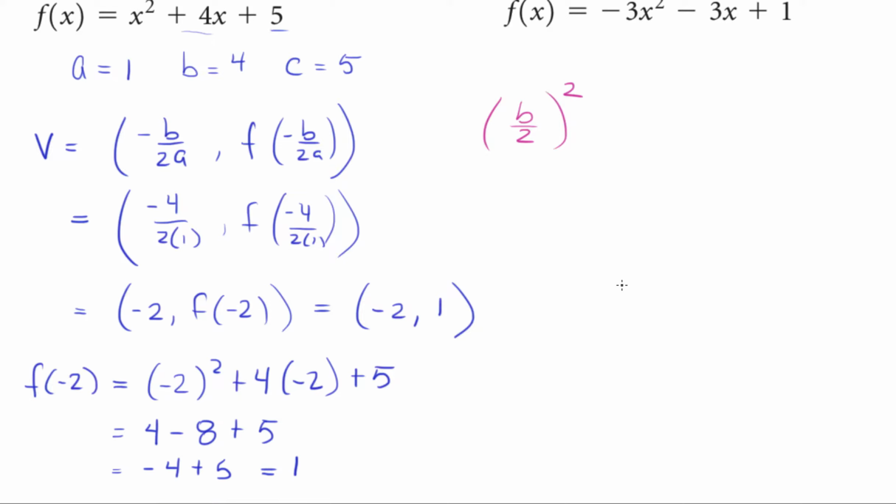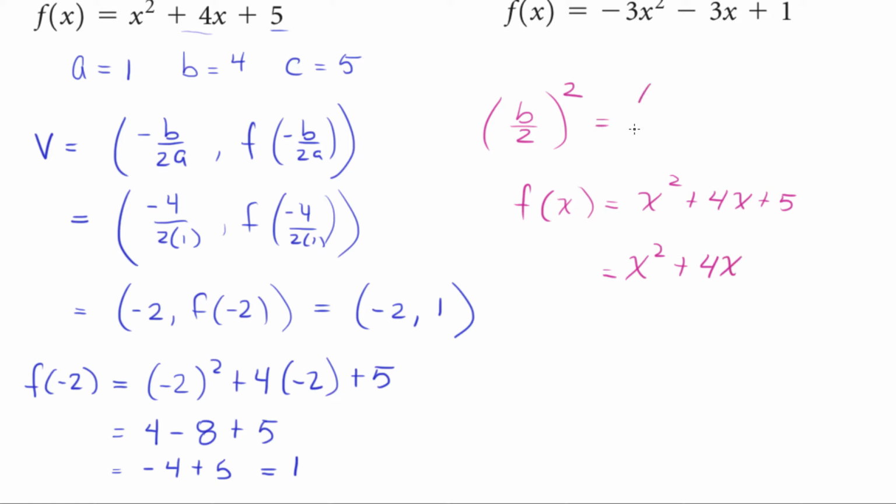Okay? So let's complete the square. So you have f of x equals x squared plus 4x plus 5. b is still 4, so we have x squared plus 4x.